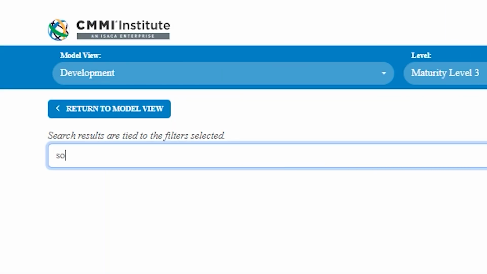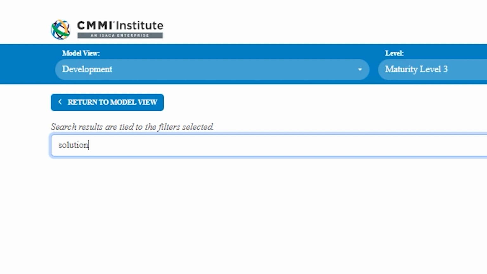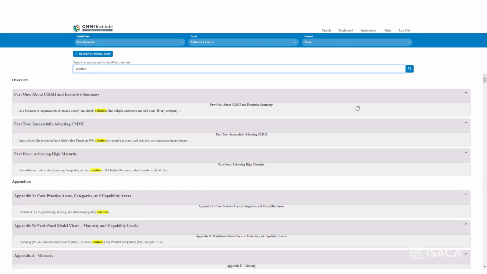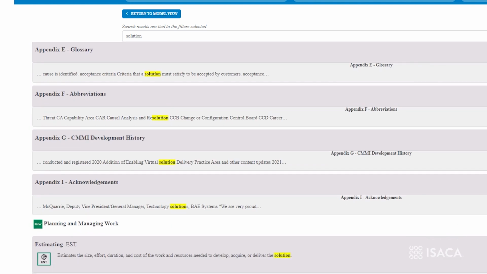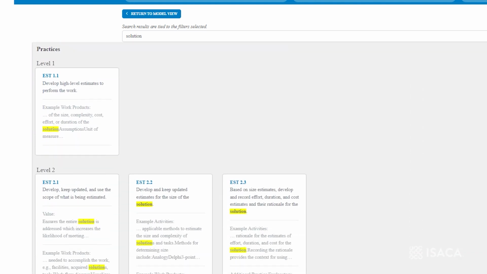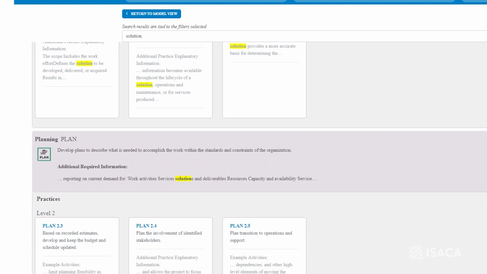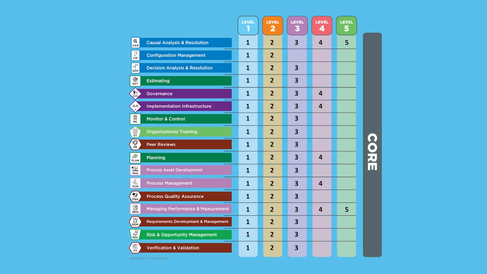If you do a search on the word solution in the CMMI model viewer, you'll also see that it shows up in multiple practice areas and practices in both the domain-specific practice areas and the core practice areas. Core practice areas are practice areas that are deemed as core to any business.